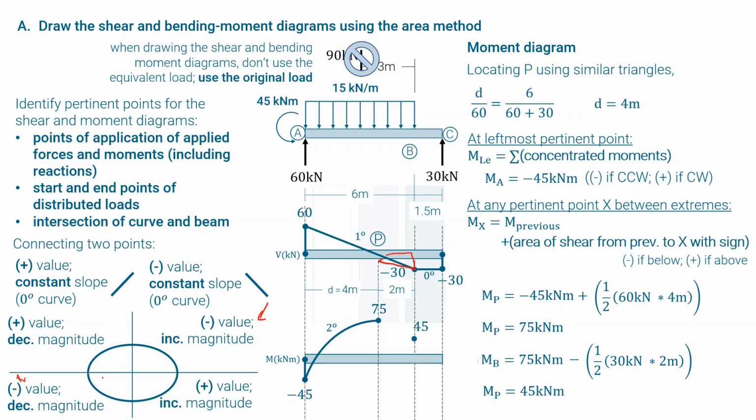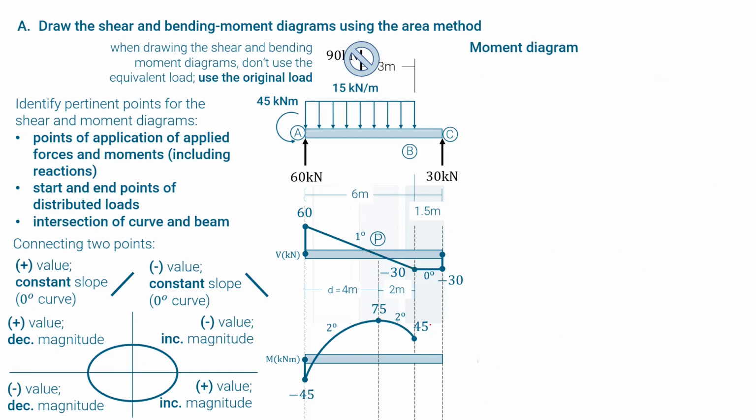As you observe the magnitude of the shear as you go from left to right, from 0, naging negative 30 siya, no? So, yung absolute value niya nag-i-increase. So, this is a negative value and increasing in magnitude. So, ganito dapat yung shape niya. Tapos, label your curve, 2 degree. So, this is a 2-degree curve.